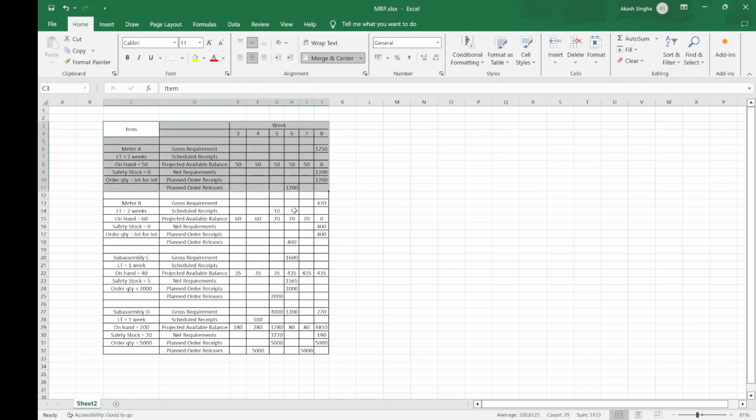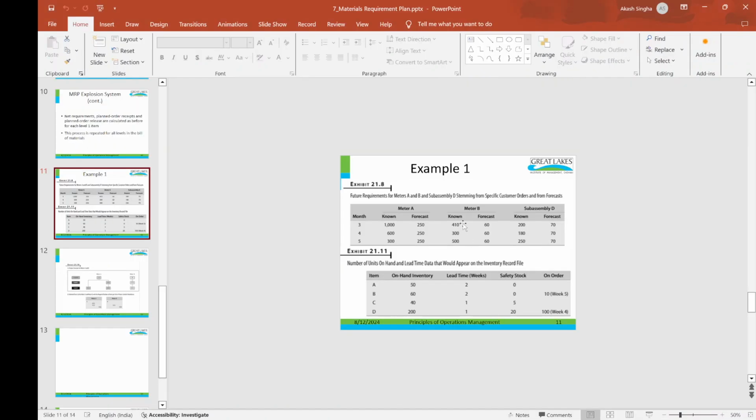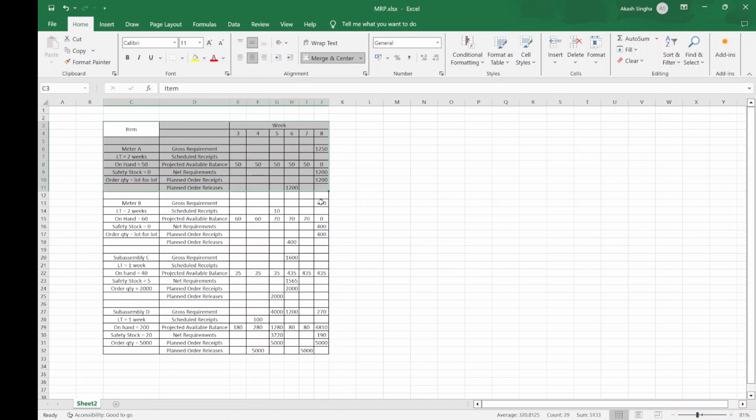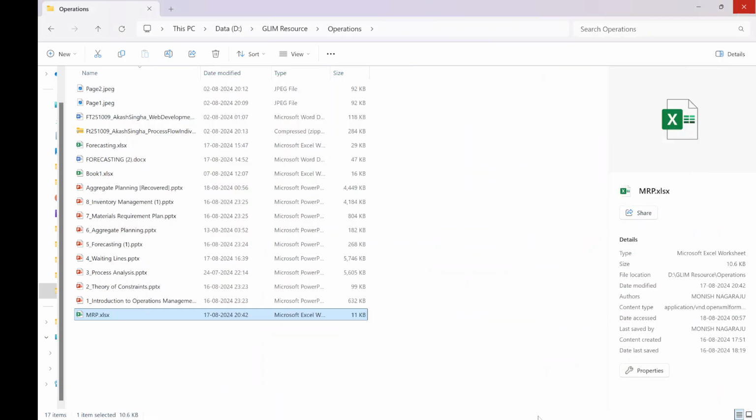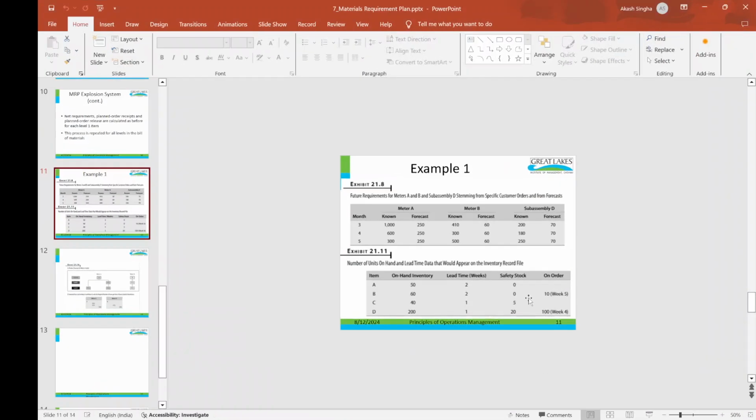For meter B, again, it's 410 known, 60 forecast, so 470. Its lead time is 2 weeks, and a scheduled receipt of 10 is also there, on order in week 5.